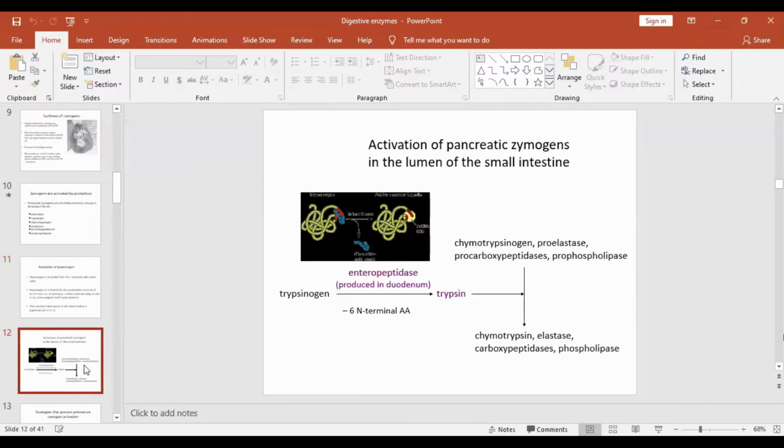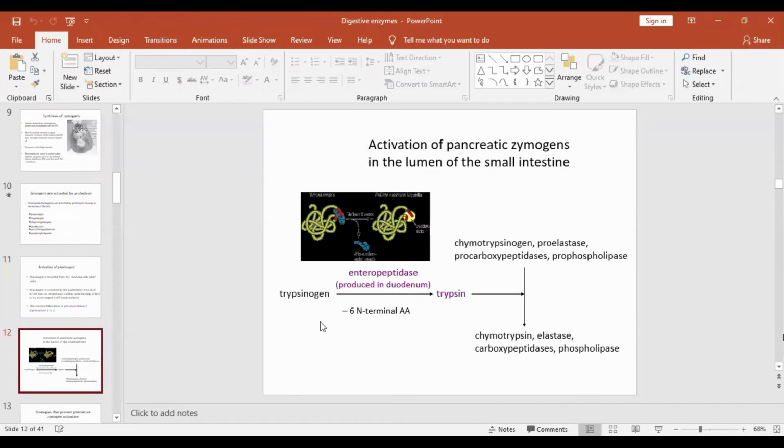Here is shown the activation of trypsinogen in this slide. Trypsinogen is also a zymogen. First it is converted into active trypsin by the enzyme enteropeptidase. To convert trypsinogen to trypsin, the removal of 6 terminal amino acids is required.